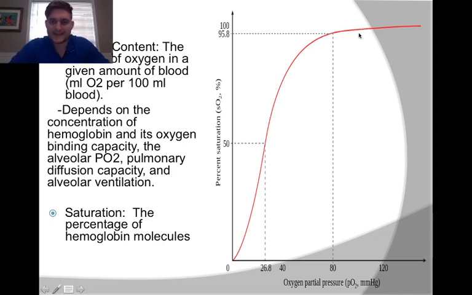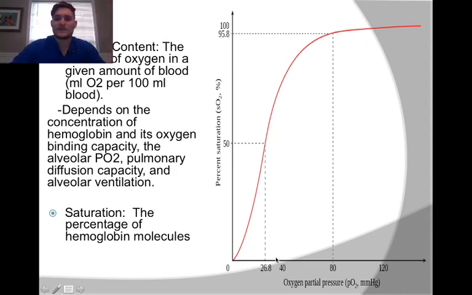Well, that's around 105 in the lungs, and so that's going to mean that a lot of oxygen is going to bind to hemoglobin when that blood passes by the pulmonary capillaries, right? And so what you see is that, once that deoxygenated blood makes its way to the lungs, most of those hemoglobin are going to be attached to oxygen and then make its way back down to the left side of the heart where it gets pumped out to the rest of the body, right?